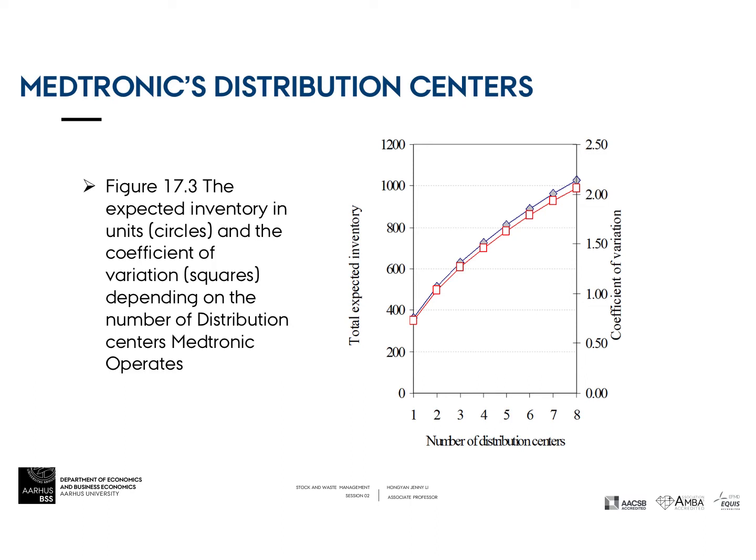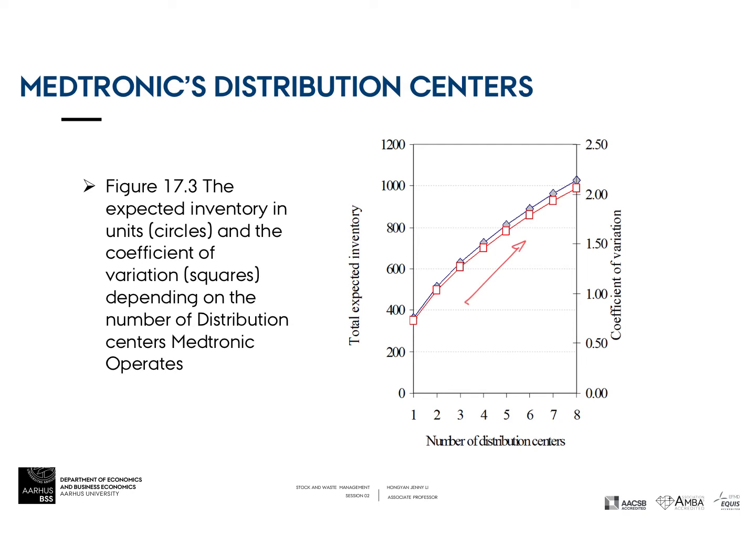Here we have a plot showing the relationship between the number of distribution centers and the expected inventory. You can see that with the increase in the number of distribution centers, your total expected inventory increases, in this direction.